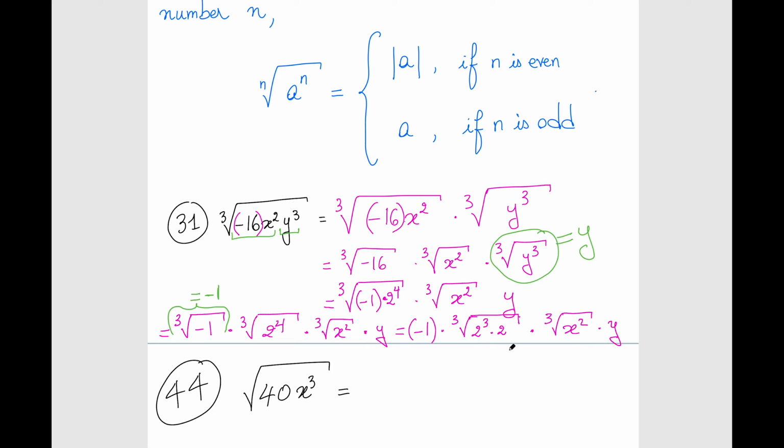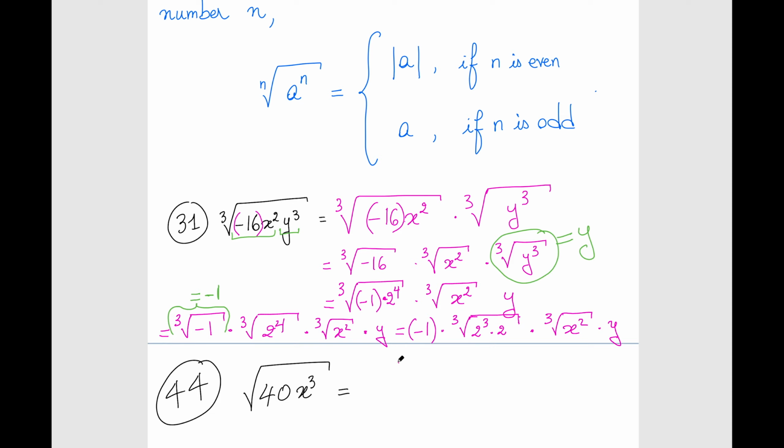Okay, and let's focus here. This is the third root of 2 cubed times 2. I can use the product rule again and split this into the cube root of 2 cubed times the cube root of 2, right?